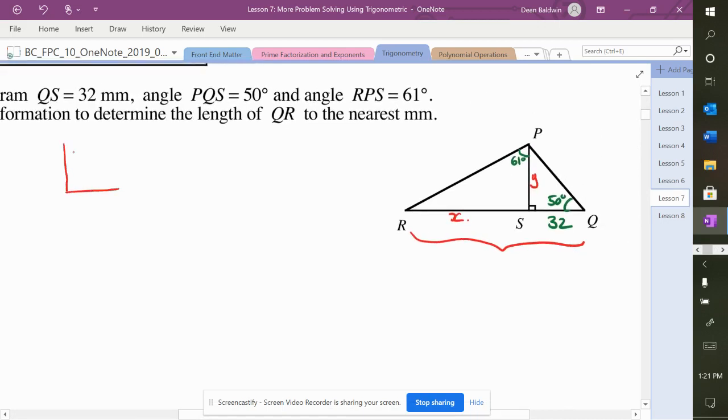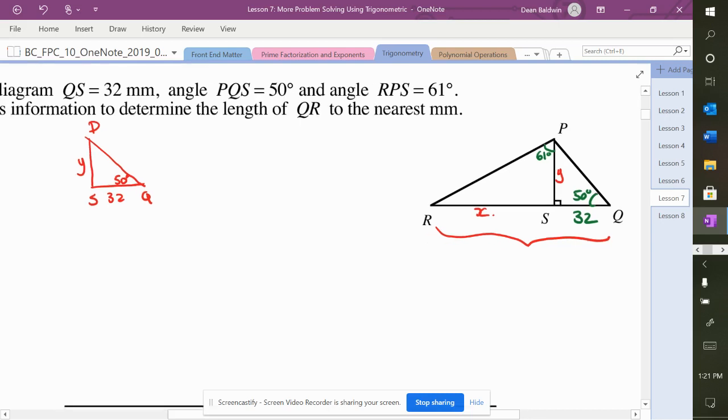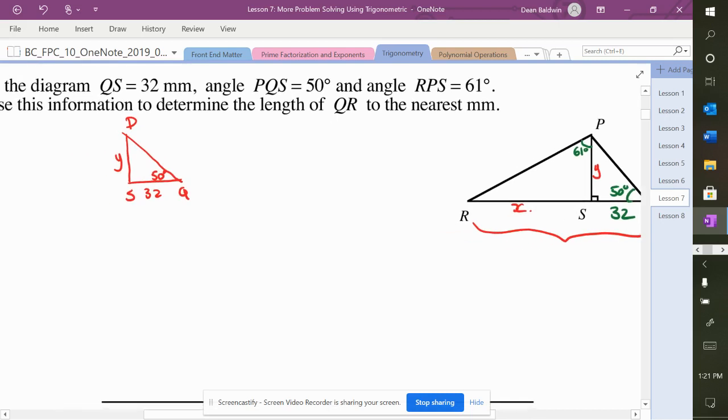SQP. I want to find this. That's 32. And that's 50 degrees. Okay. What's the first thing you do when you're trying to solve a triangle? Label sides. So what side is Y? Opposite.